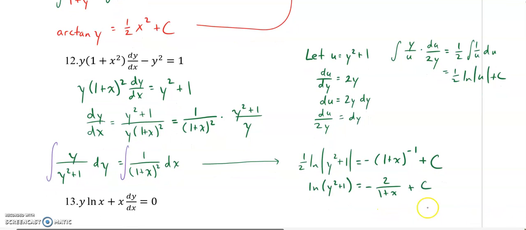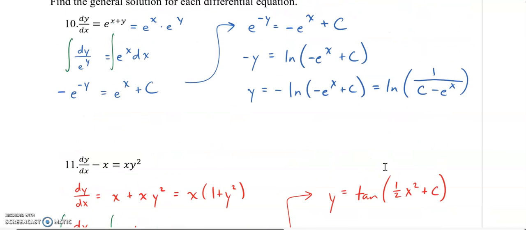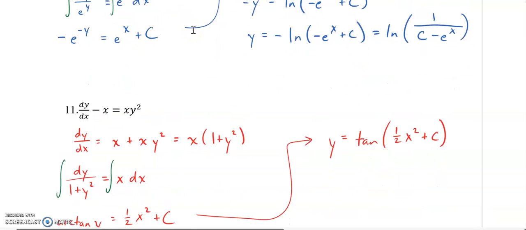We can exponentiate and get y squared plus 1 equals e raised to the -2 over 1 plus x plus c. Remember that just like we saw on that first example in the video with the addition in the exponent, we can turn that into a multiplication problem.